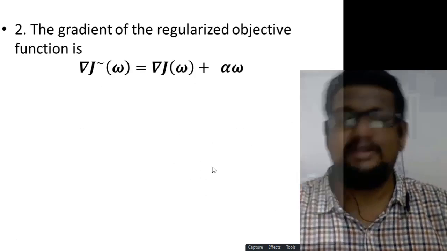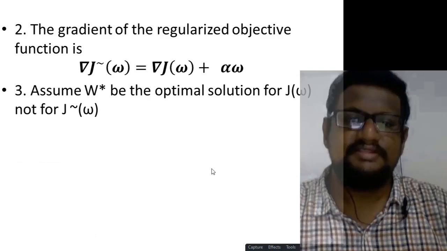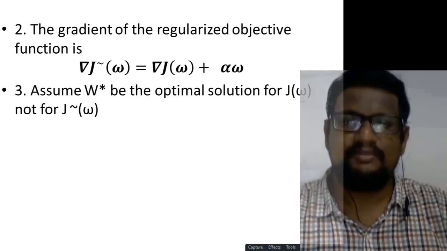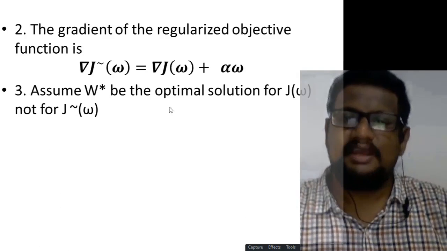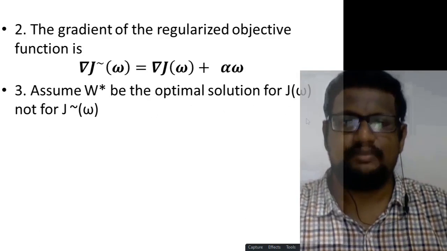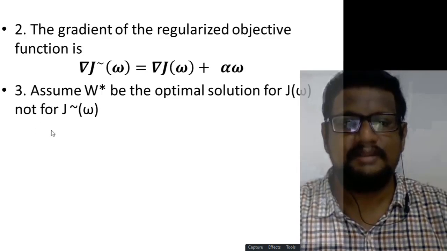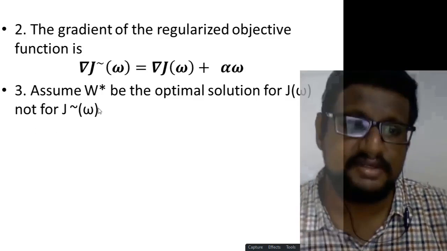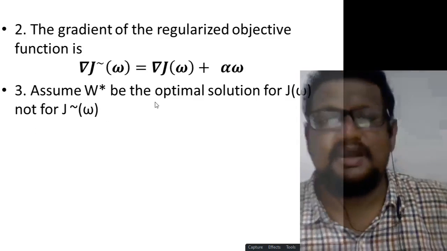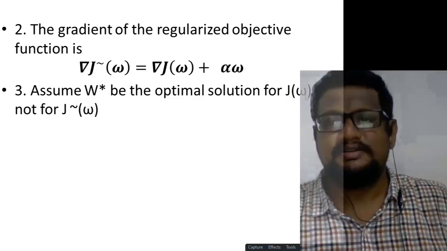And the third step, I told, is the minimum value for del J of omega. W star is the optimal solution for J of omega, not for J cap of omega. That also we are telling voluntarily, so they should be within brackets; that is secondary information. W star is the minimum value or the optimal solution for J of omega.